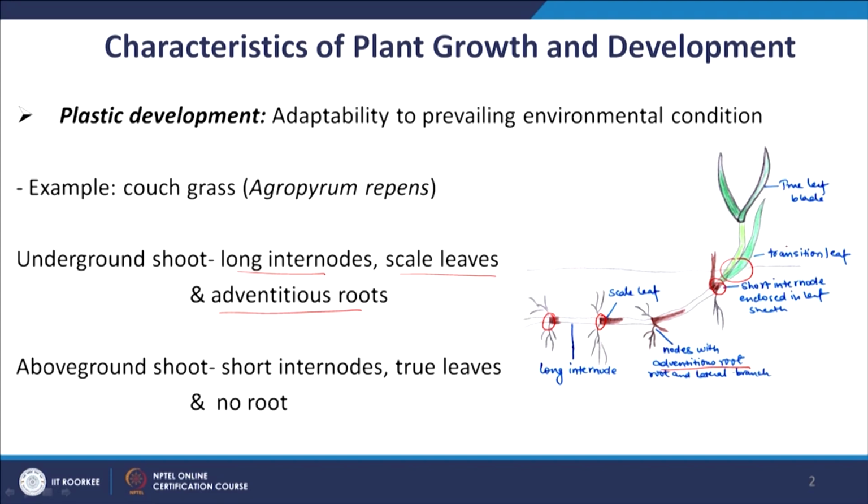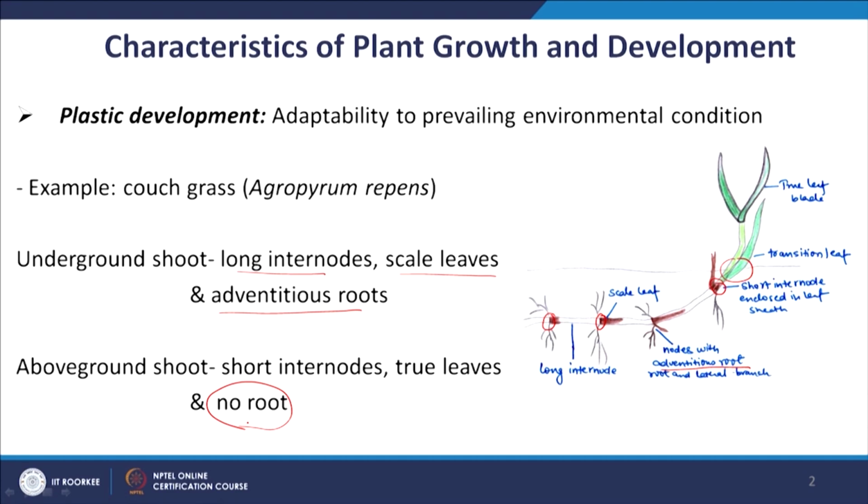Another very important thing is the formation of a true leaf blade-like structure. And most importantly, the shoot at the node is no longer making roots. So, what has it done developmentally? First, it has changed its program from making long internodes to short internodes.